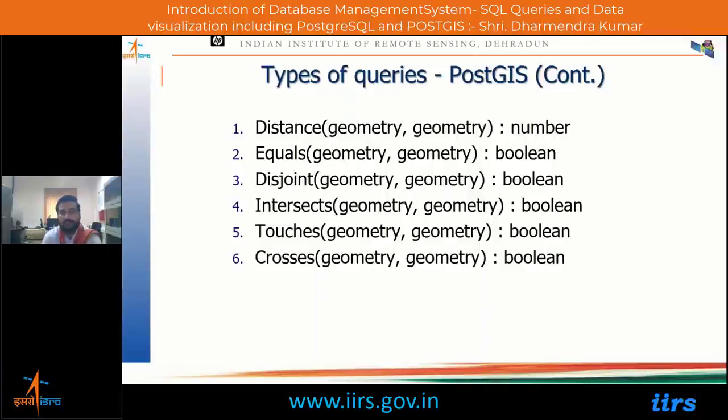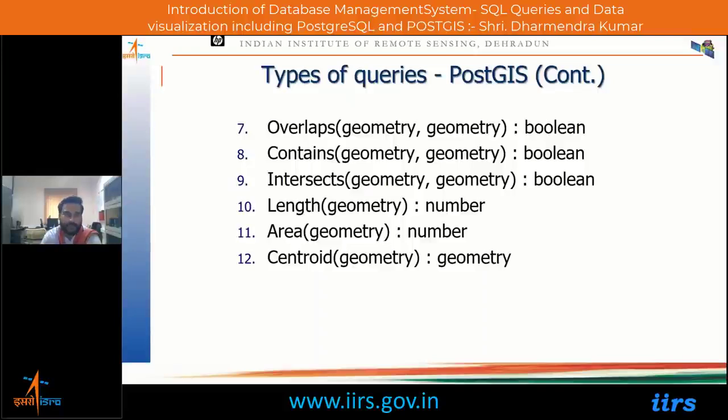Touch, to find whether the two geometries are touching each other. Crosses is also to find whether two geometries are crossing or not. The output will again be Boolean here. So these are the types of queries which we can write on PostGIS based on user requirements. These features are available in this spatial database management system.